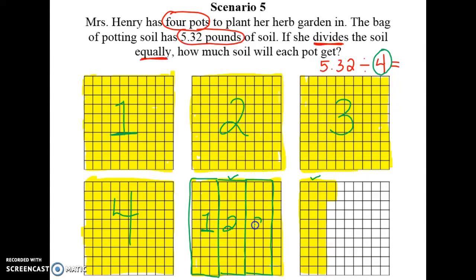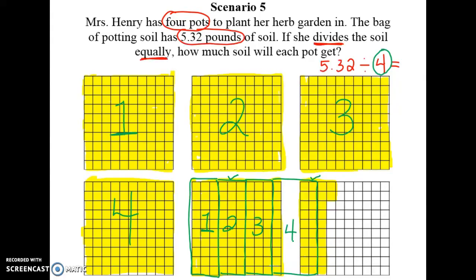This one will go with the third potted plant. And this one will go with the fourth one. Okay? I still have some left over. What do I have left over? 12 hundredths. Ooh, another number.